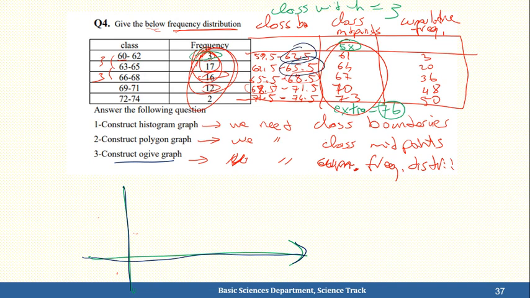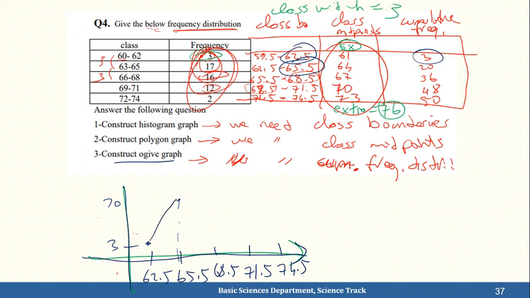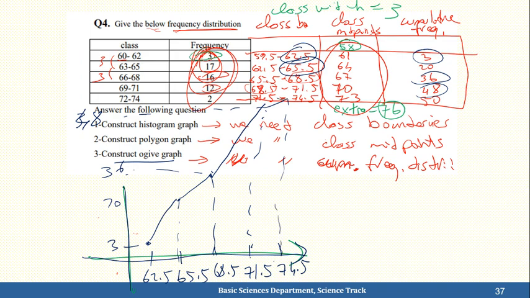Then we look at the cumulative frequencies: 3, and then 20, and then 36, then 48, then a little more, which makes 50. So this is the Ogive graph, or cumulative frequency graph.